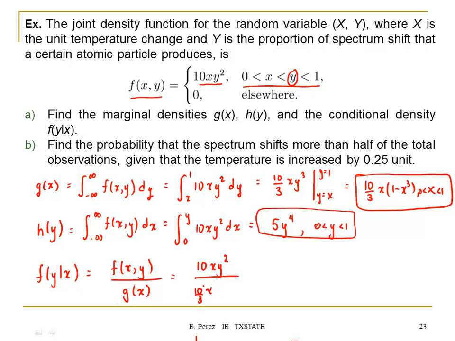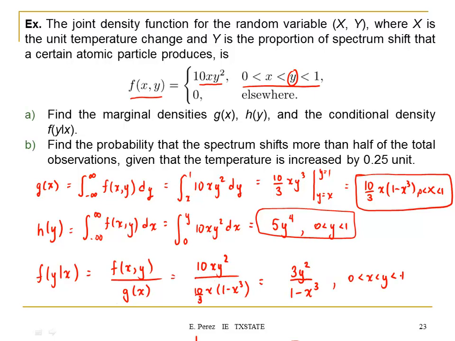This should be over 3 (1 minus x cubed). And if you solve this, you will get that this equals 3y squared over (1 minus x cubed), for 0 less than x less than y less than 1. Okay? So now we have the probability of y given x.